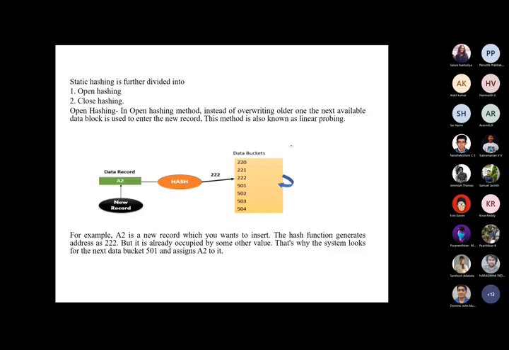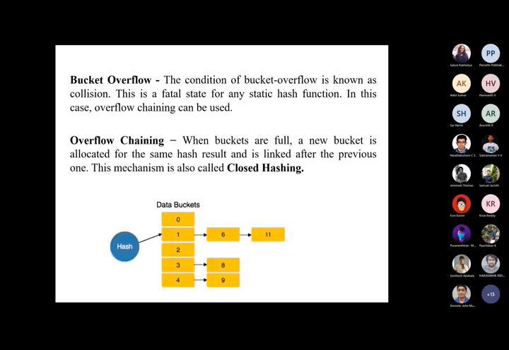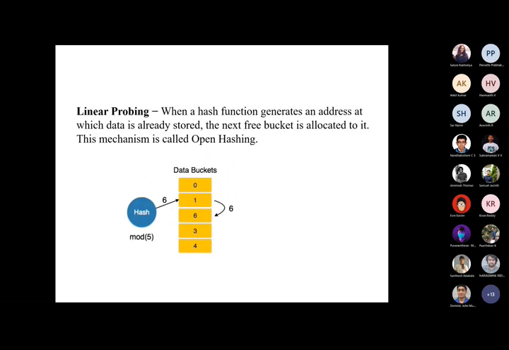So this is about working with open hashing and closed hashing. You have chaining in the case of closed hashing, whereas in the case of open hashing we use linear probing, which we have discussed already. Whenever you use a hash function and it returns an address at which data is already stored, the next free bucket is allocated to it.